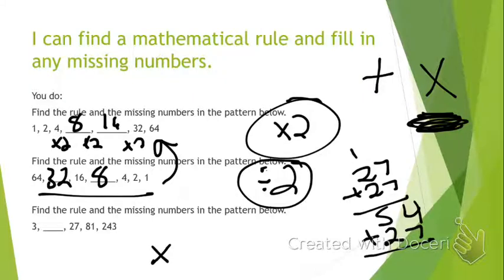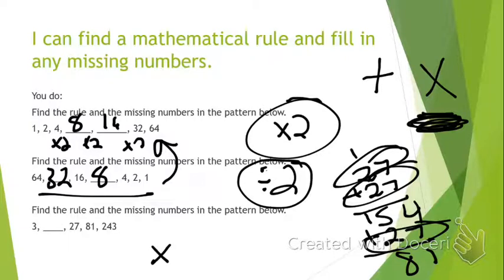Okay, 7 plus 4 gives me 11. 5 plus 1, 6, 7, 8. Okay, so when I added 27 3 times, I got 81. And if I wanted to double check, I could add 81 3 times and see if I get 243.